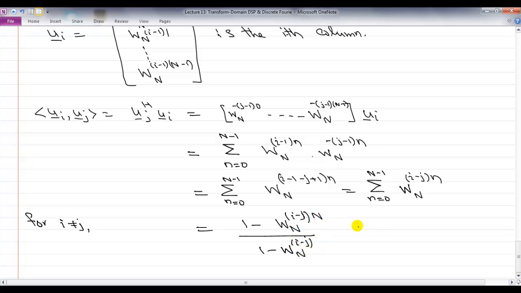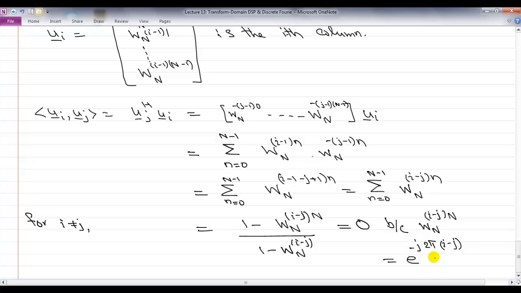Now this numerator is equal to 0, because Wn^(i-j) to the power n is simply equal to e^(-j2π(i-j)).